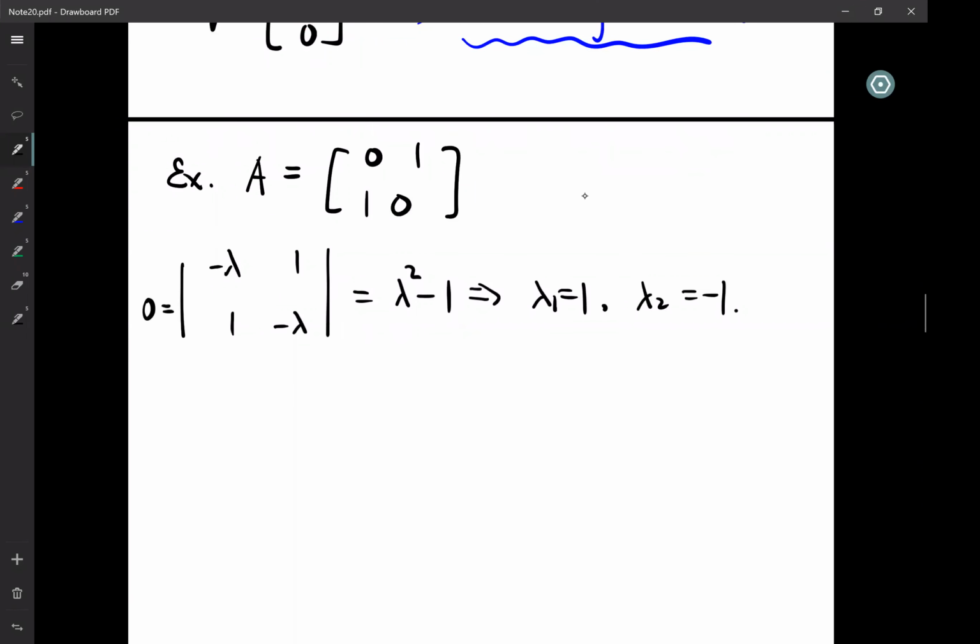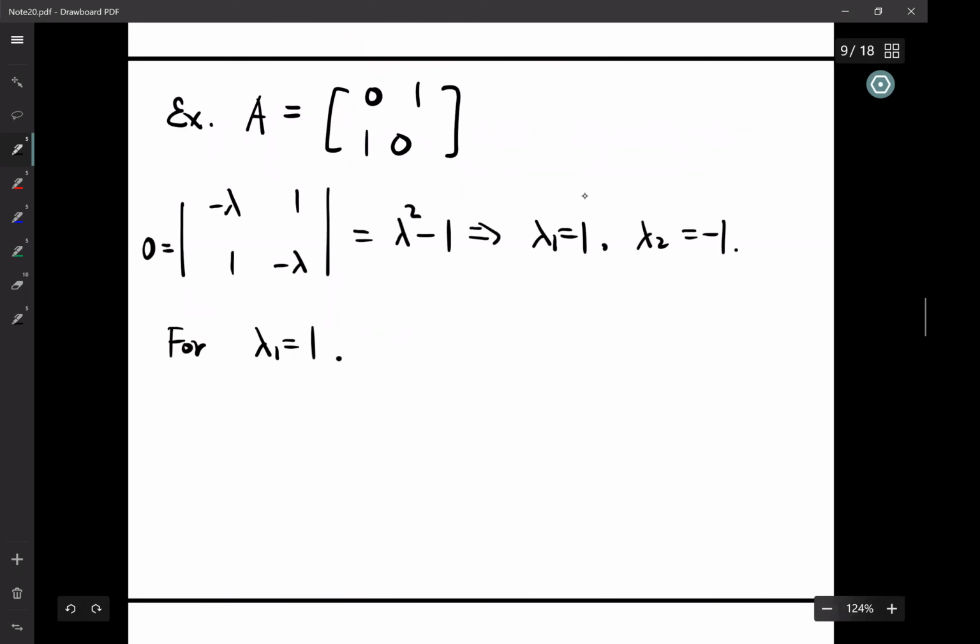What it means is that for lambda 1 equal to 1, we try to solve the linear system. So this is minus 1, 1, 1, minus 1, times V1 equal to 0. Immediately we solve: V1 equal to 1, 1.